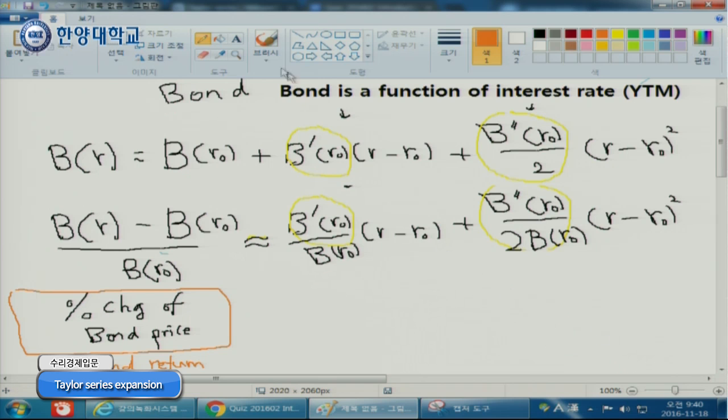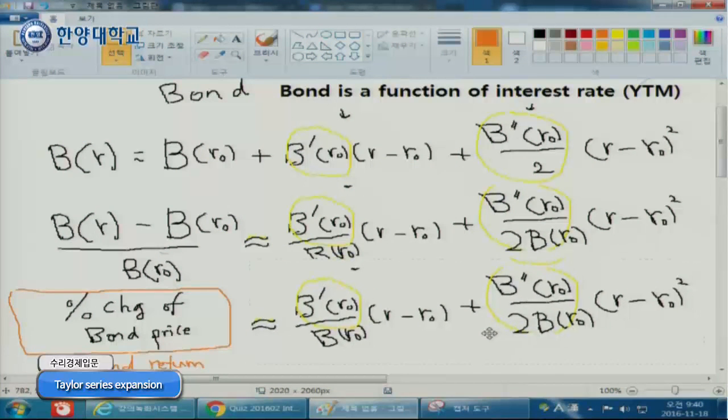So, let me do slightly one more operation. So this one, right? And then basically this is change of the interest rate. This is change of interest rate. So you usually write change this way, delta R. Right? And it is also change.